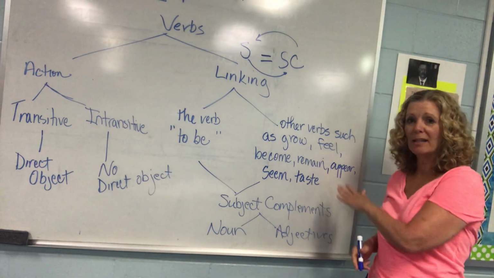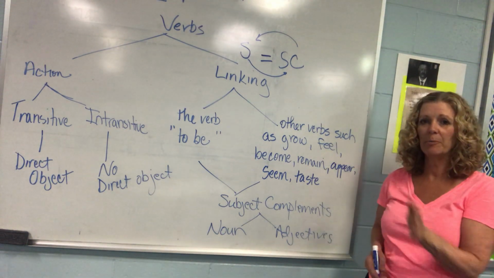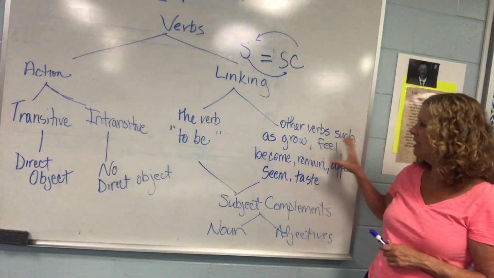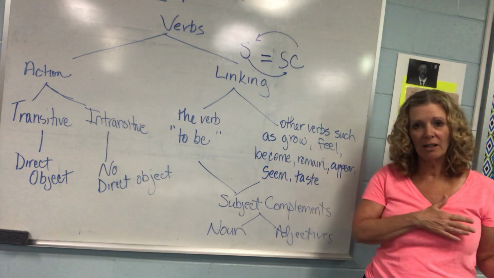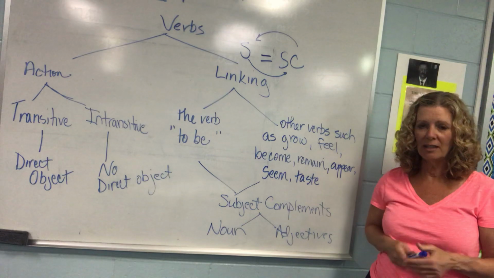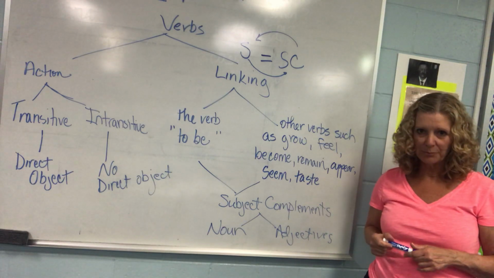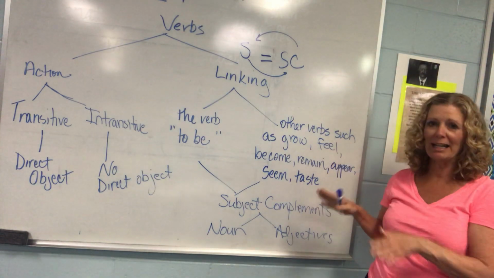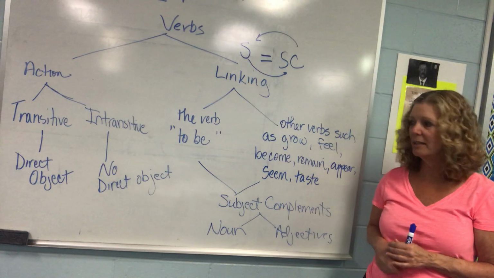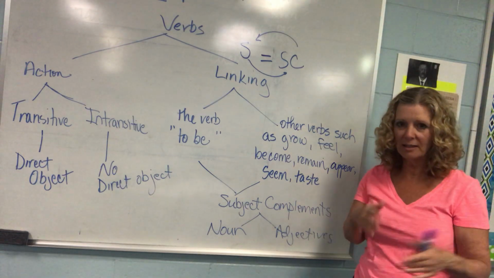I want you to pay close attention to these and put them in your notes, because sometimes they're actions and sometimes they are linking verbs. That's the only thing that I think might give you any trouble in this unit or in this little section.